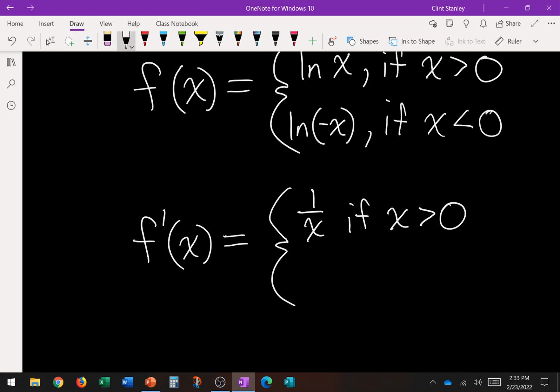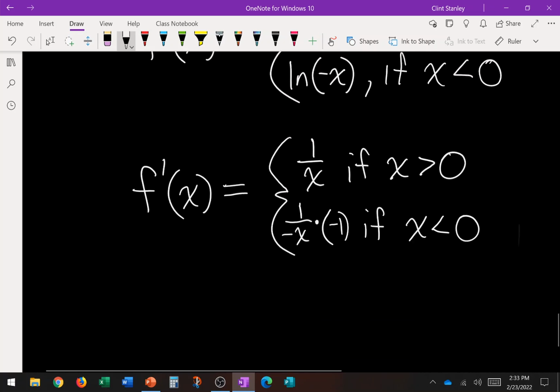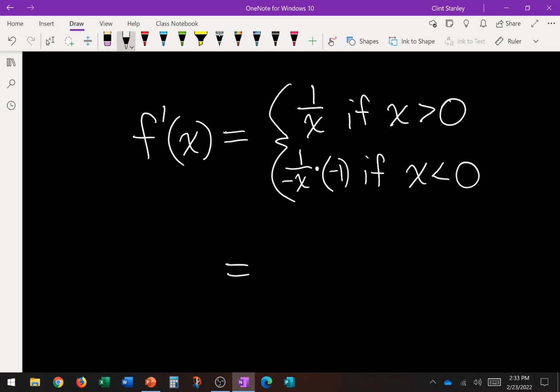So our derivative would be 1 over negative x times the derivative of negative x, which is negative 1. So this thing is just 1 over x.